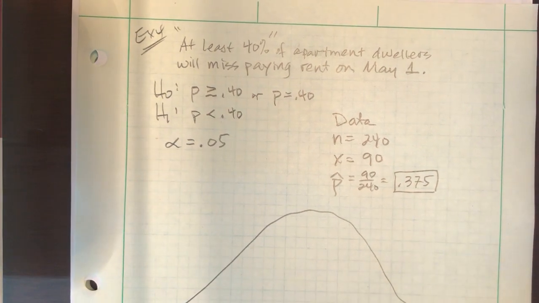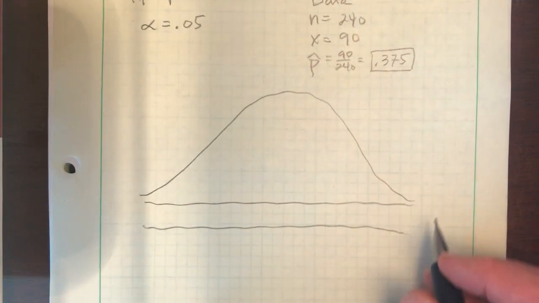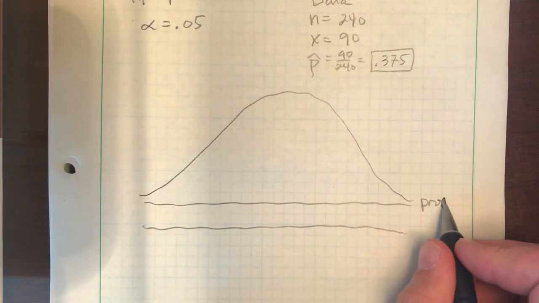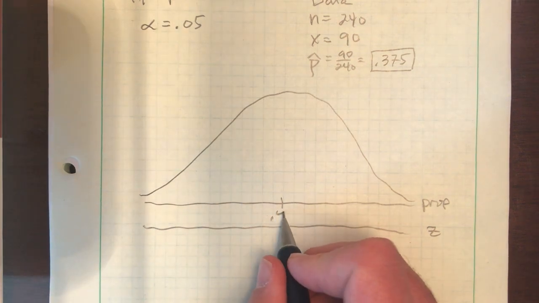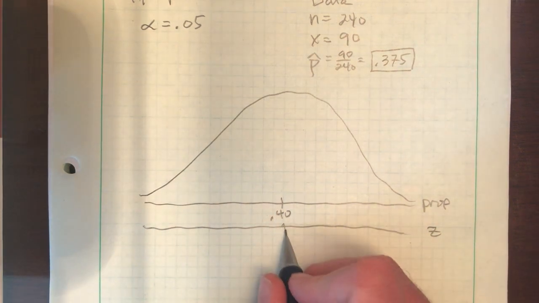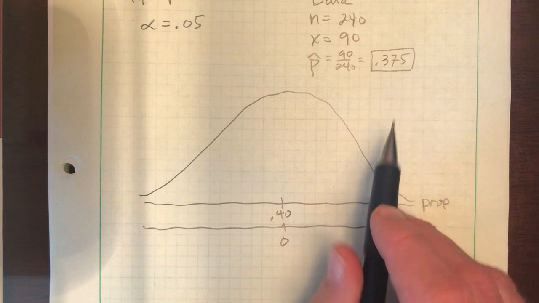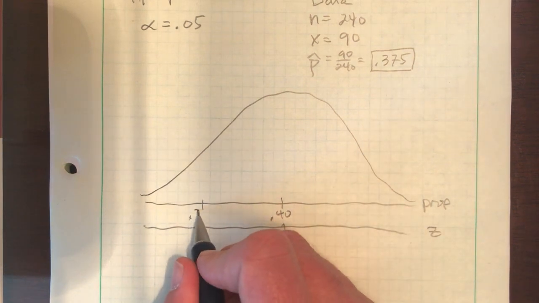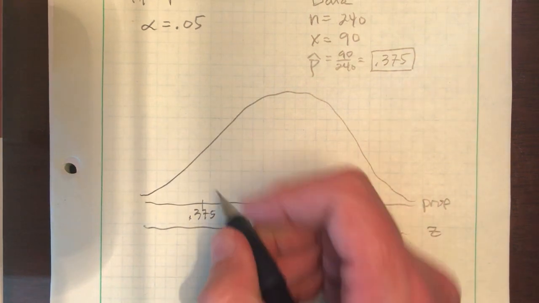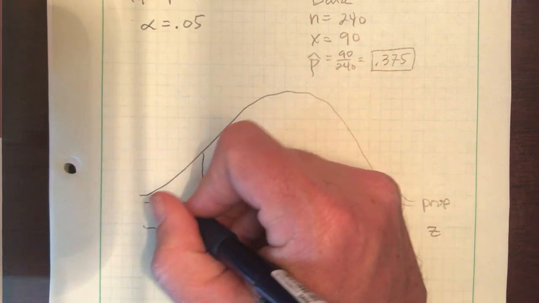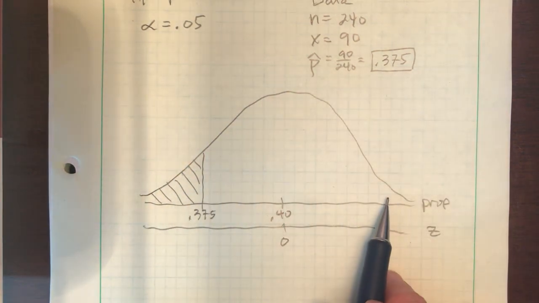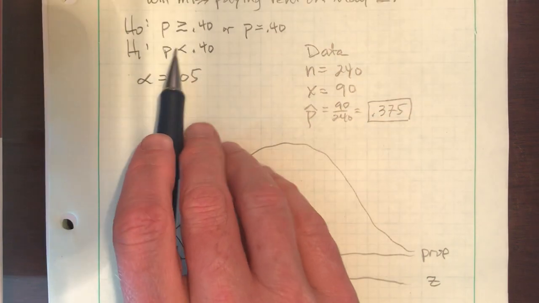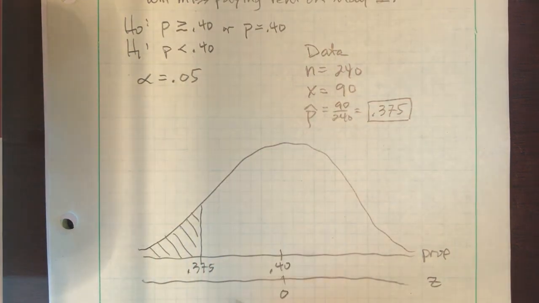Two number lines. My proportions. My z. My null. And my evidence, 37.5, is again to the left. So this is a left-tailed test, and that's all there is this time. There is no right tail because my alternative was just less than.